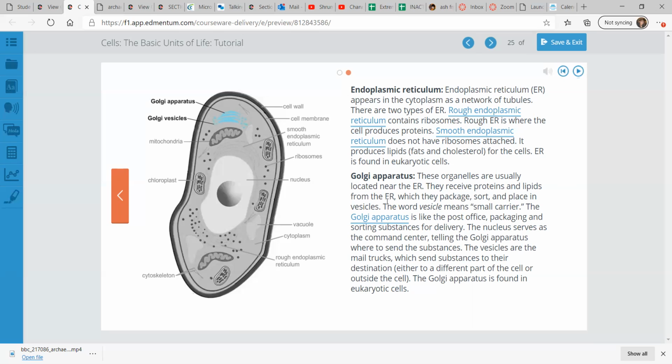The nucleus serves as the command center, telling the Golgi apparatus where to send the substances. The vesicles are the mail trucks, which send substances to their destination, either to a different part of the cell or outside of the cell. The Golgi apparatus is found in eukaryotic cells.